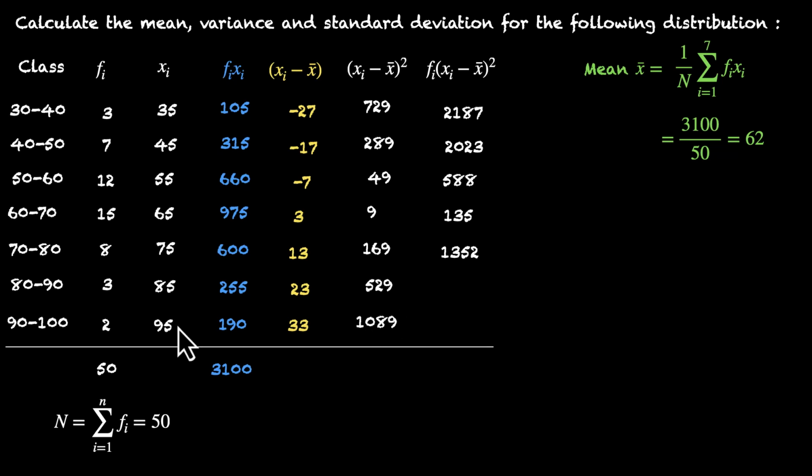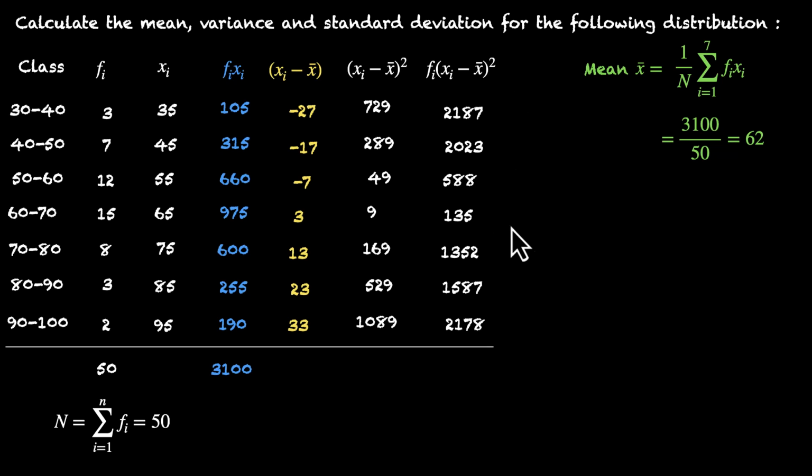Then we have 529 times 3, that's 1500 plus 60 plus 27, that's 1587. Then 1089 times 2, that's going to be 2178, so that's 2178.